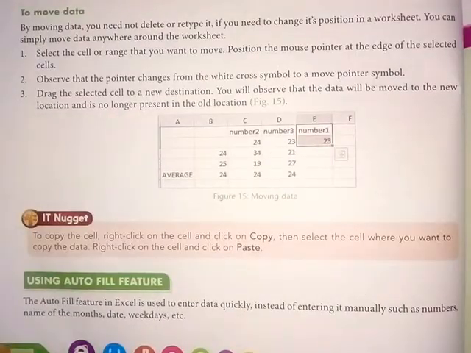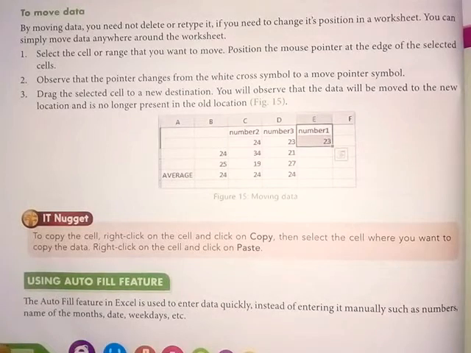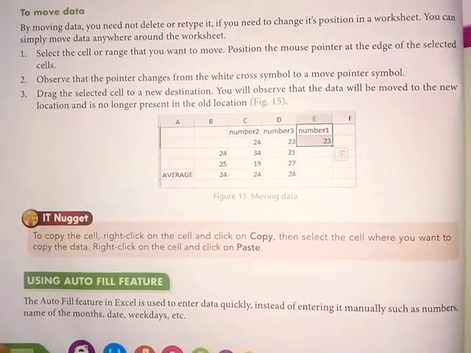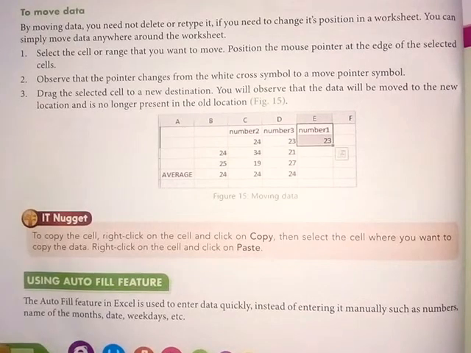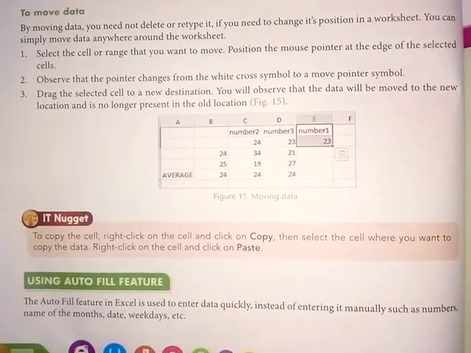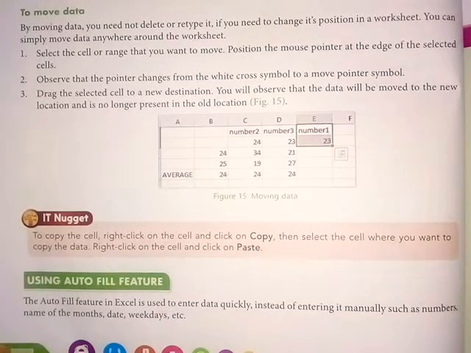To move data, you need not delete or retype it. If you need to change its position in a worksheet, you can simply move data anywhere around the worksheet. First, select the cells or range that you want to move. Second, position the mouse pointer at the edge of the selected cells.